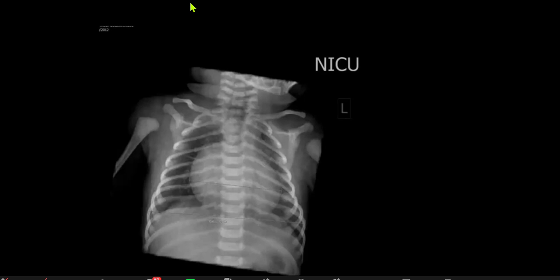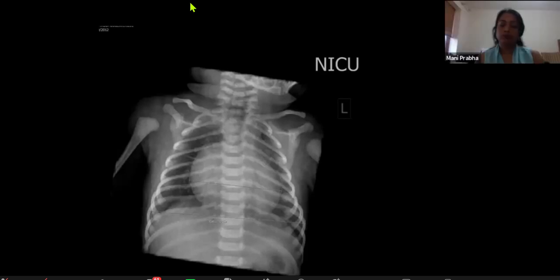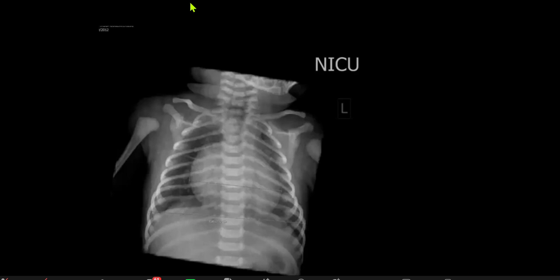It looks like all the chambers, but predominantly on the right side. But in someone with cyanosis and pulmonary plethora, I wouldn't include pulmonary atresia in this category. So I'd concentrate more on transposition or total anomalous pulmonary venous return.